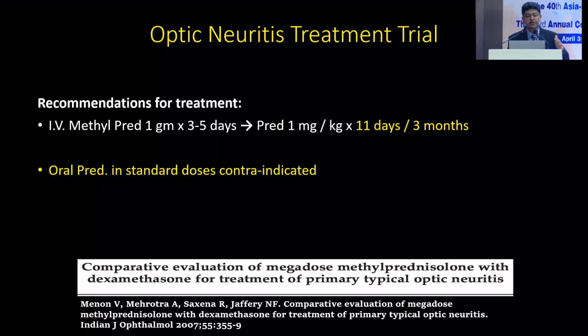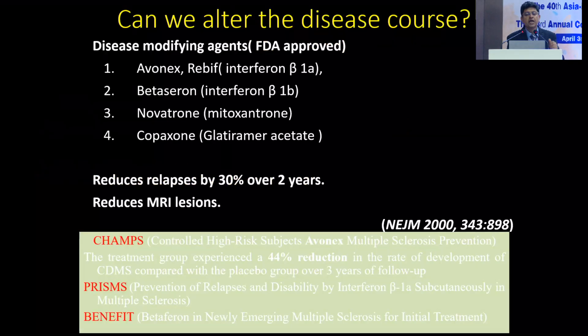The Optic Neuritis Treatment Trial gave us IVMP as the role model for interventions, and that remains the standard of care, at least definitely as our first line. You are suspecting optic neuritis, multiple sclerosis related. Your first line intervention is IV methylprednisolone with a short oral taper, and then you follow up the child. There is a role of disease-modifying agents in recurrent optic neuritis.